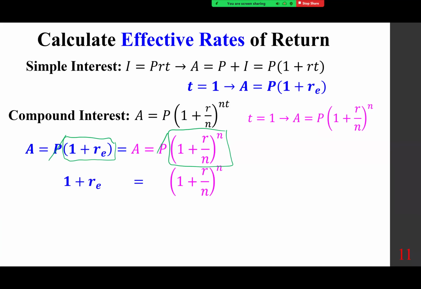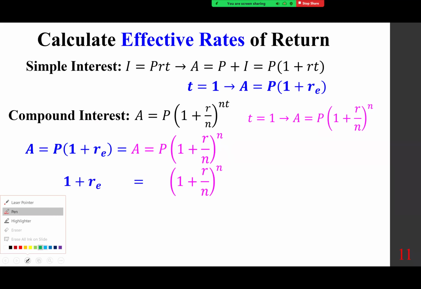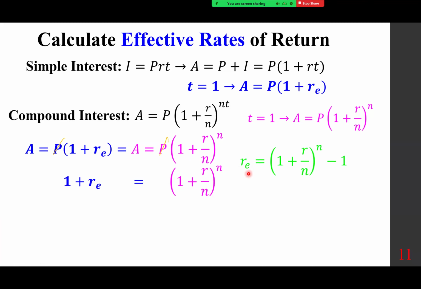Let me erase this and let me just put this. So this is equal to this. So what is R effective? The right side minus 1. So R effective is 1 plus R over n to the power of n minus 1 for compound interest.